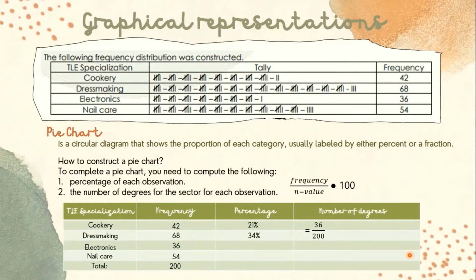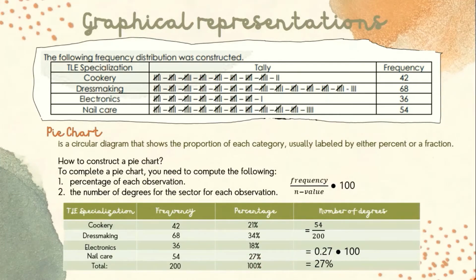Substitute 36 yung kanyang frequency divided by 200, which is 0.18 multiplied to 100 is equal to 18%. Lastly, we have nail care. Substitute natin. 54 ang kanyang frequency divided by the end value 200, which will result to 0.27 multiplied by 100. Ang percentage nito ay 27%. Add all of them, we will get a total of 100%.